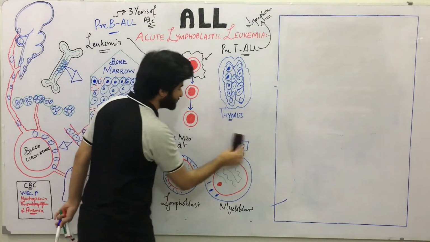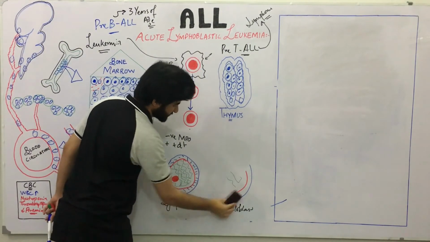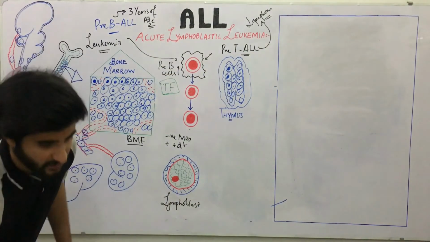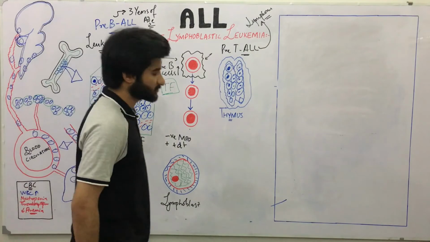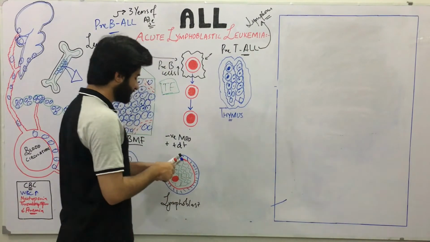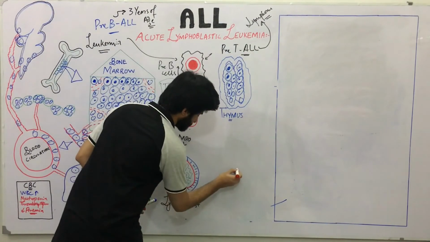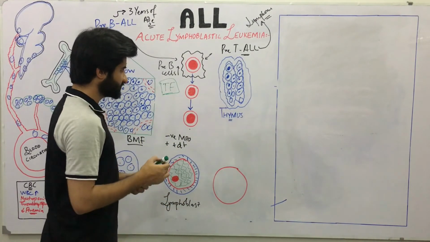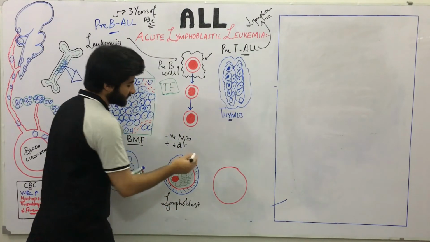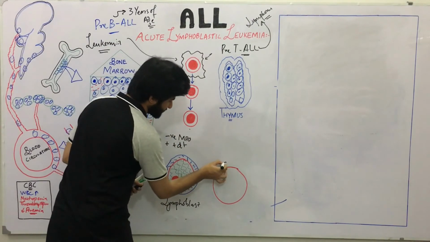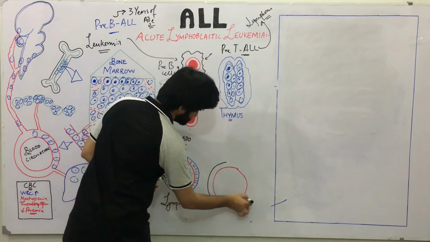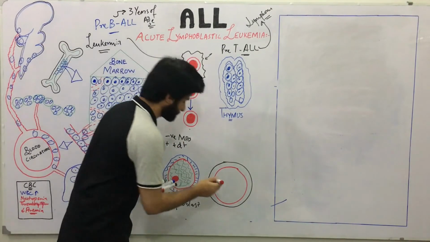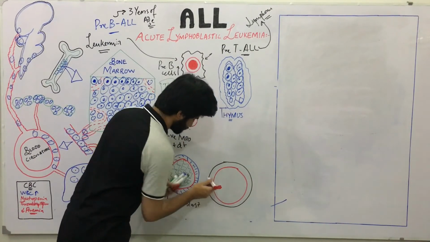Now, if we want to differentiate precursor B cell acute lymphoblastic leukemia from precursor T cell acute lymphoblastic leukemia, we will have to focus on immunohistochemistry.